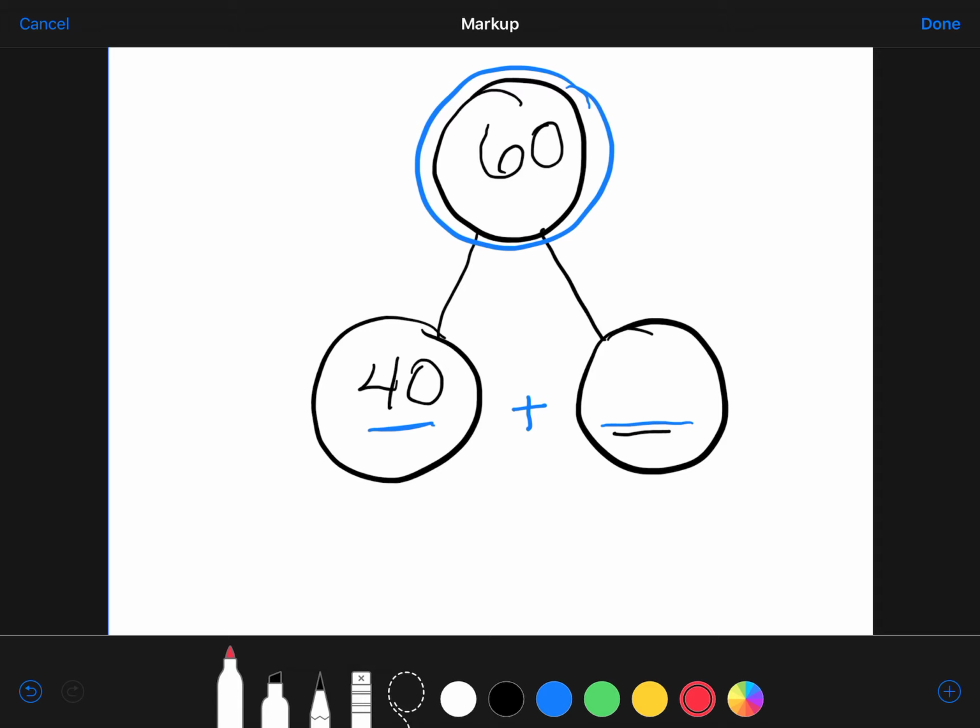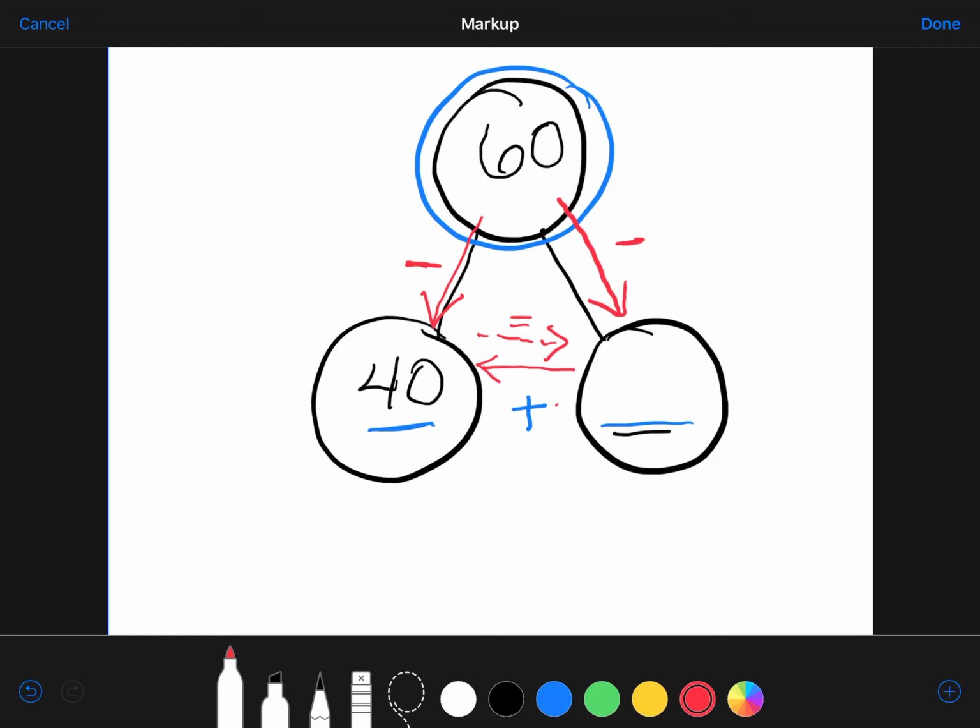Or I can say this one minus that one equals this one. Excuse me, over here. Or I can say this one minus that one equals this one, right? We're using the same three numbers.